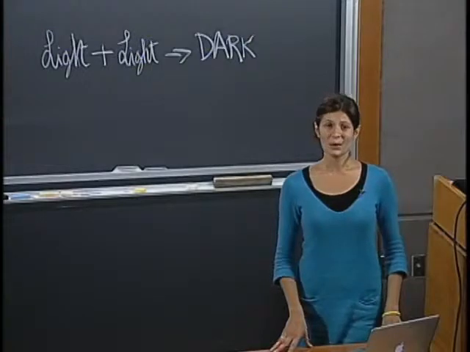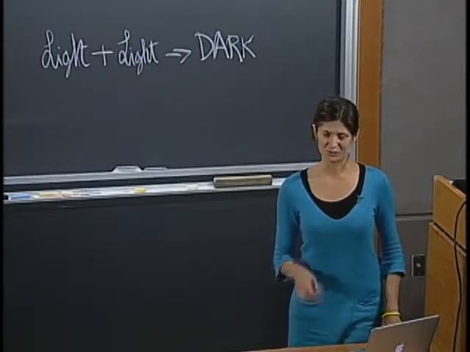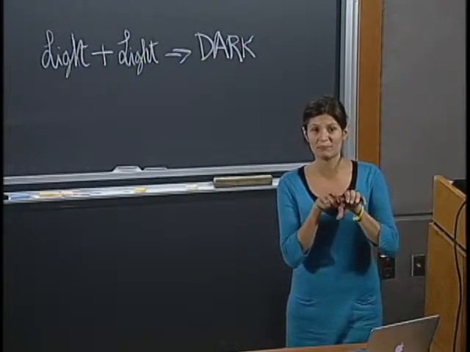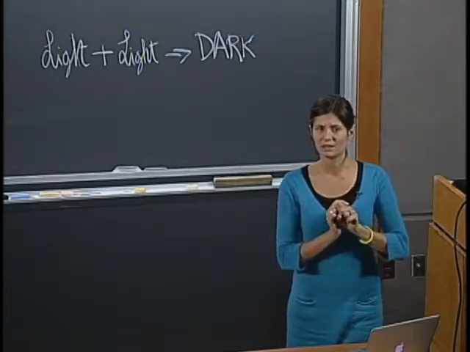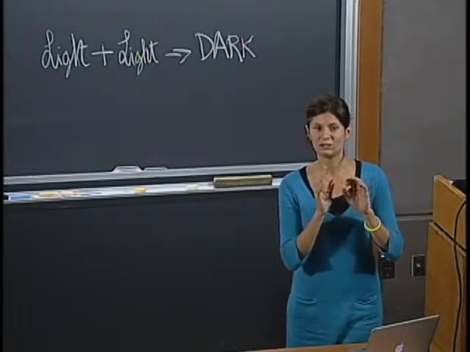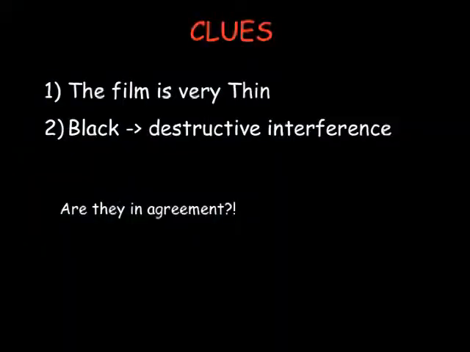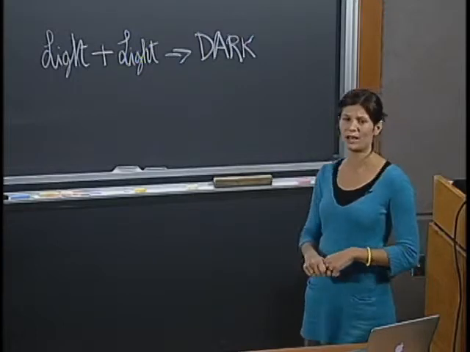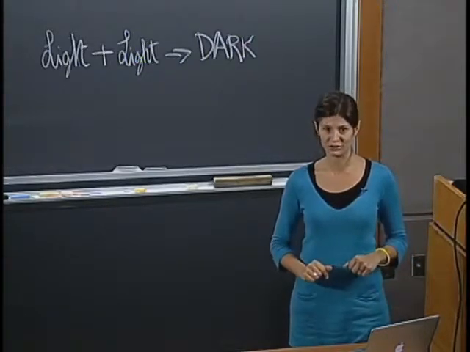So, now we have two pieces of information. First of all, we observed that the film at the top after some time becomes black. This means that there is some destructive interference, because we saw that light plus light gives something dark when we have destructive interference.